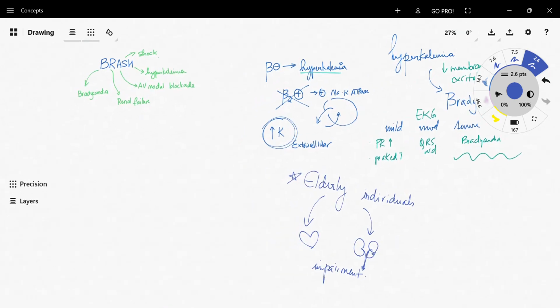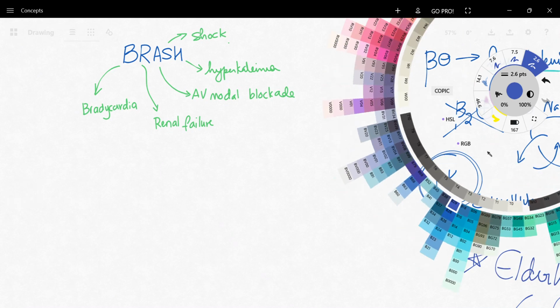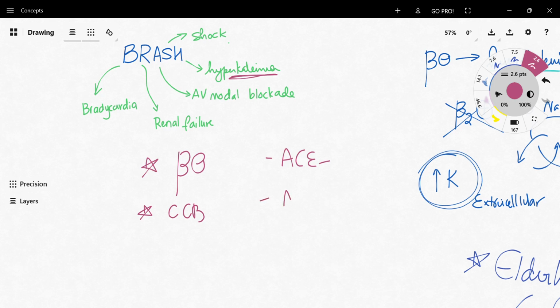So can you think of which medications cause you to have bradycardia? The first one will be beta blockers. The second one will be calcium channel blockers. And the drugs that cause hyperkalemia and that can worsen BRASH syndrome would be ACE inhibitors and ARBs and potassium sparing diuretics, right?